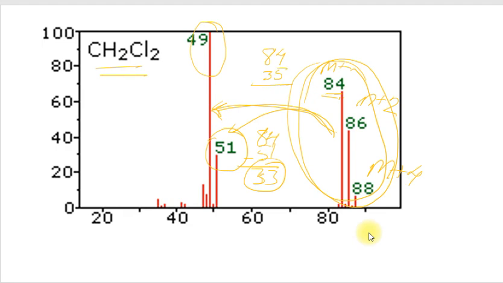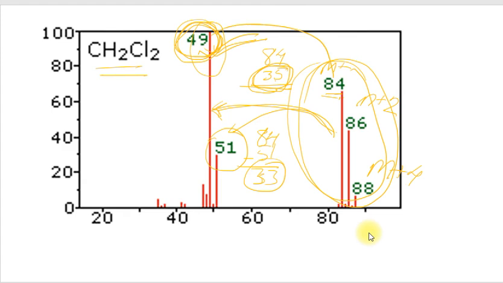84 minus 35, because the most abundant isotope is 35. If you subtract 84 minus 35, you get a fragment with the mass 49. So that is the base peak.